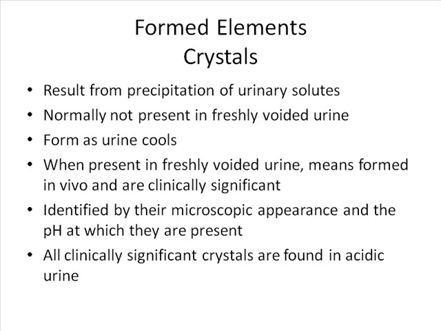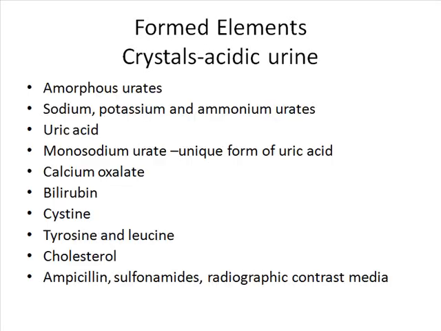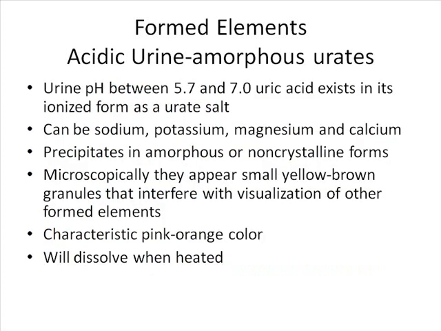Urine that is refrigerated, you're going to see a lot more. All right, here's a list of your acidic urines. Let's go, and I think I have a few pictures. We'll go through these real quick. Amorphous urates are the ones that really cause problems because they have that brick red or pink red color.